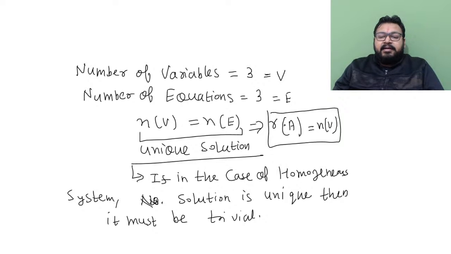Because if the rank of A is the same as the number of variables, it simply means that the rank is 3.